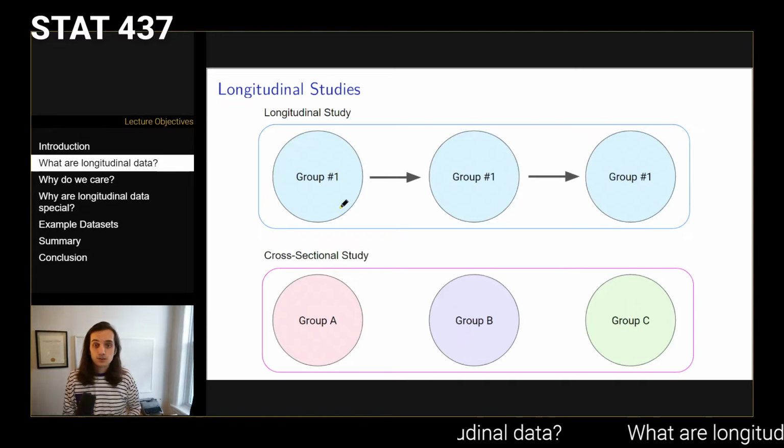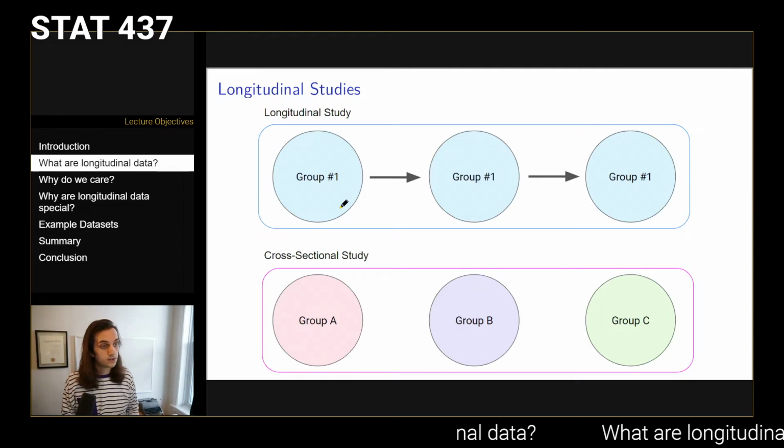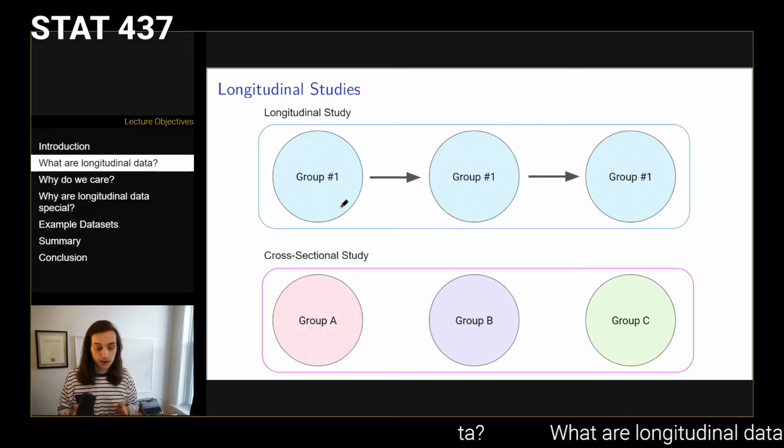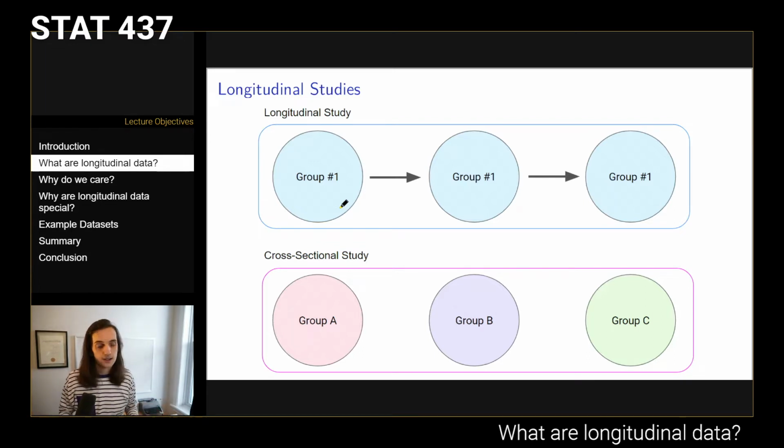The key distinction with whether we're doing time series analysis or longitudinal analysis has to do with whether we're looking at a large sample of individuals followed over a few time points, versus in time series, it's more common that you might only have an observation of one individual with very many time points.